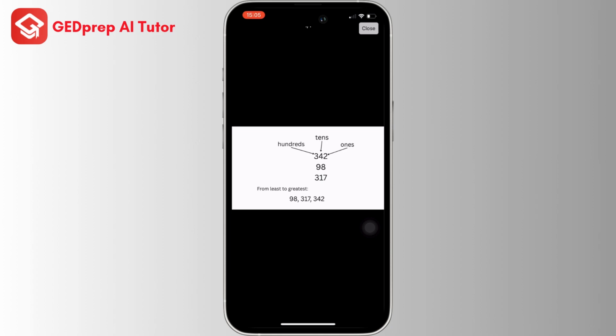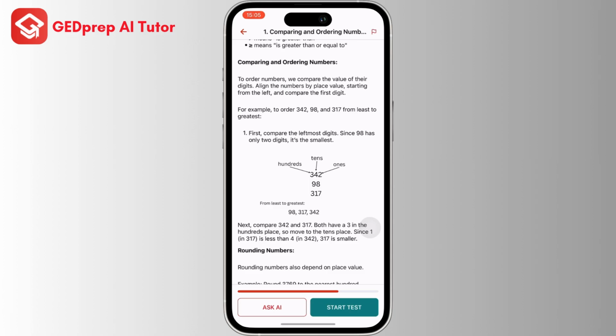Step 2. Now compare 342 and 317. Both numbers have 3 digits and both start with the digit 3 in the hundreds place, so we move one digit to the right. Now look at the tens place. In 342, the tens digit is 4. In 317, the tens digit is 1.